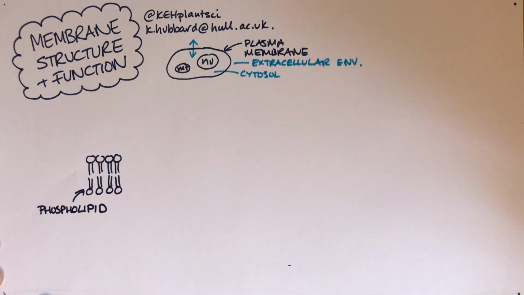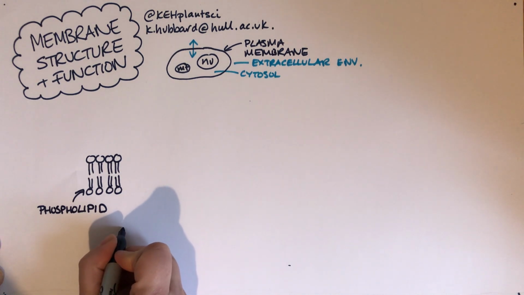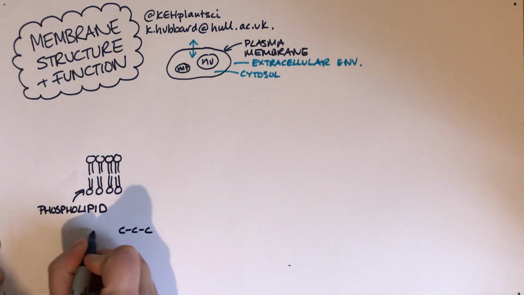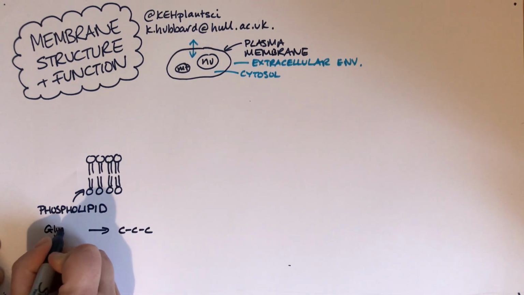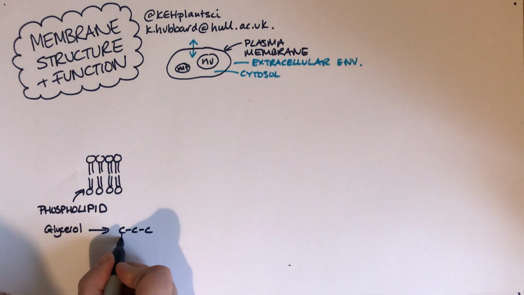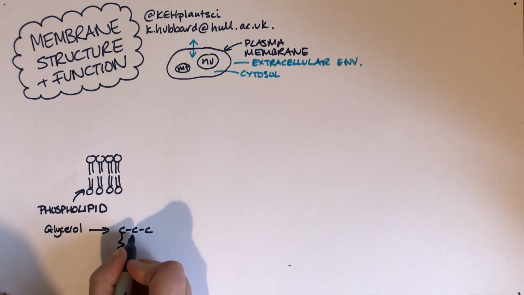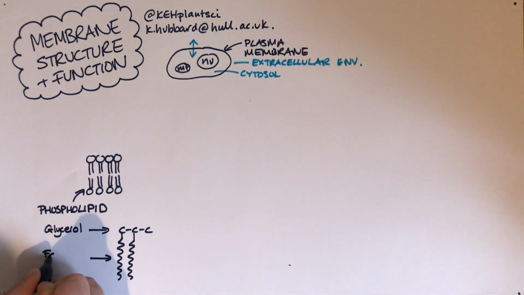So what that molecule is, there's sort of three components to it. First of all, we have a central bit made up of 3 carbons called glycerol. And attached to 2 of those 3 carbon molecules, we've got long chains which are called fatty acid tails.